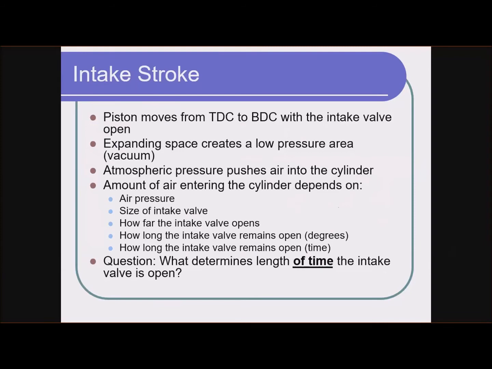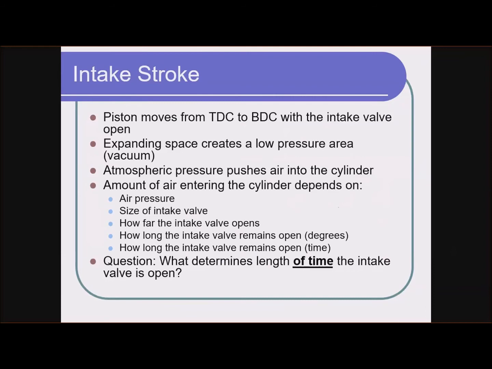Obviously, you have to add the correct amount of fuel for the air, but more air, more power, right? So a turbo or a supercharger is going to force air into the cylinder, forced induction, and you're going to get more power. If it's naturally aspirated, then you're relying only on atmospheric pressure, and that's variable. It's variable at different altitudes, and it's variable on different days.